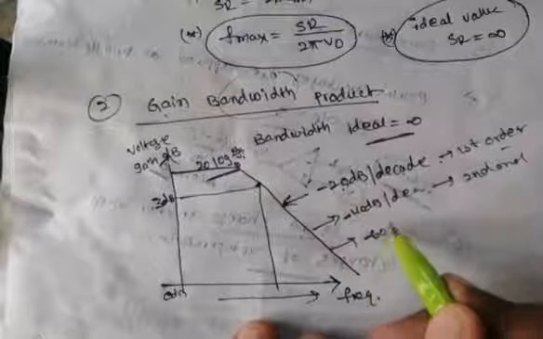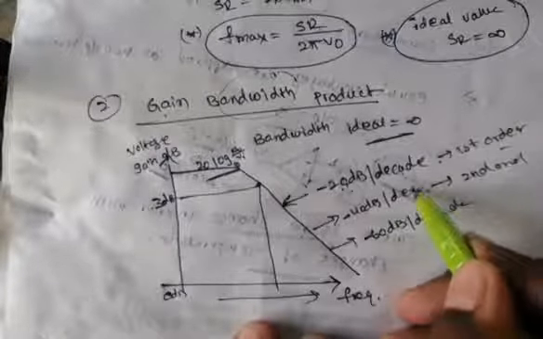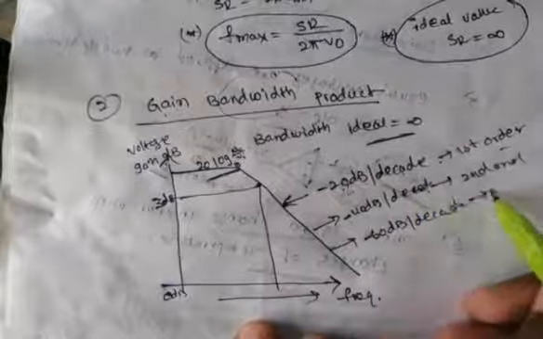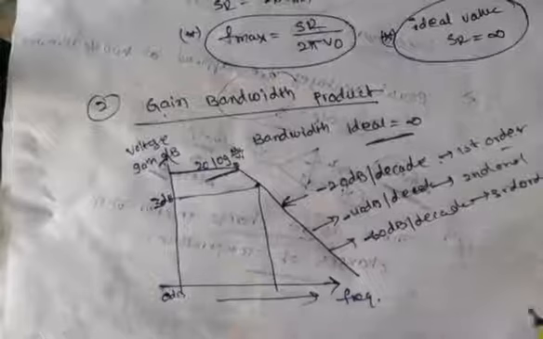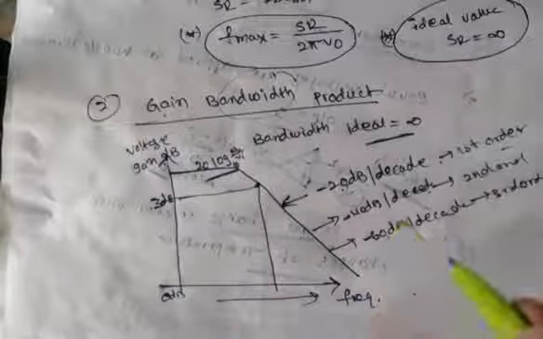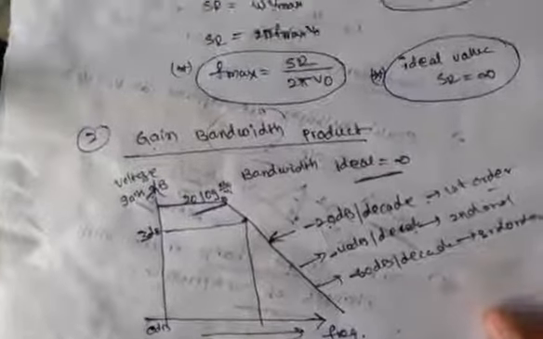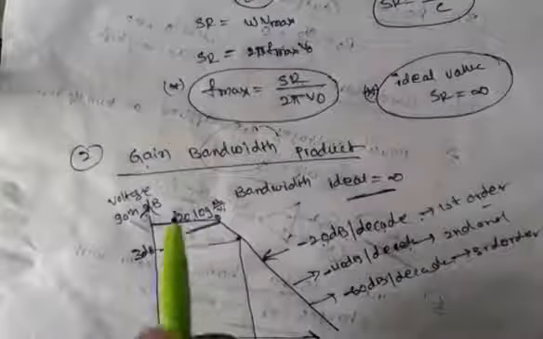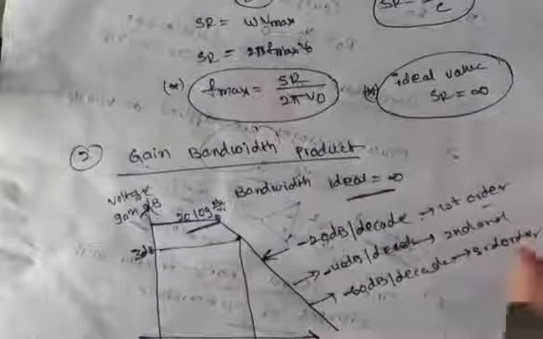It will be 60 dB per decade in third order filters. So the gain bandwidth product is the bandwidth of your given circuit at unity gain.